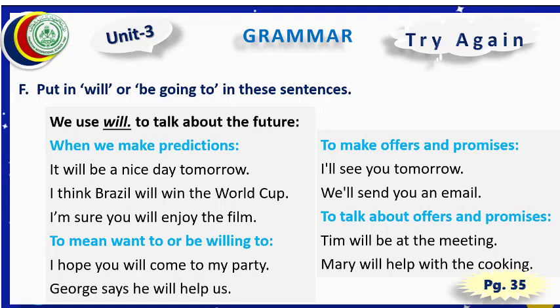What are the situations? When we make a prediction, when we want to do something or we are willing to do something, when we make offers and promises, we use will. That is good.